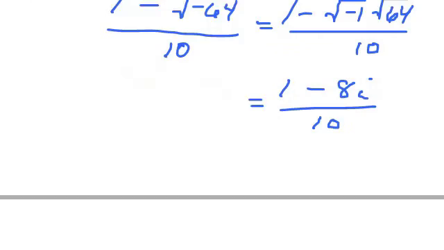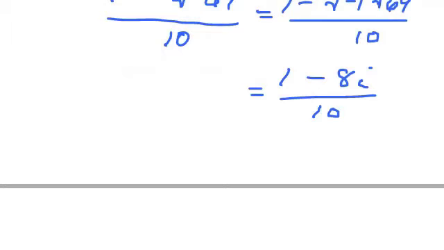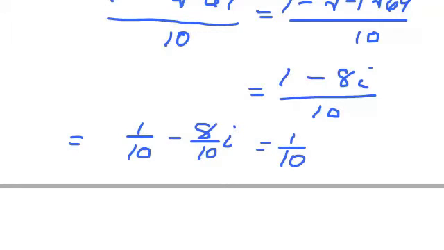Of course we can rewrite this. We'll just rewrite it over here. So this is 1/10 minus 8/10 i, and we'll want to simplify that down to 1/10 minus, 2 goes into 8 4 times, and 2 goes into 10 5 times.